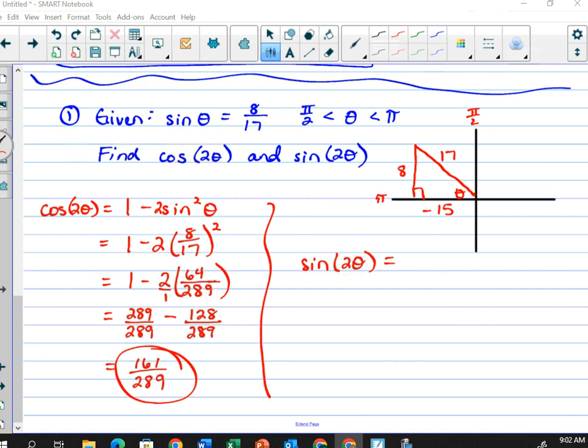It shouldn't matter though. 2 sine times cosine. Yeah, 2 sine times cosine. Yes, that's the formula.